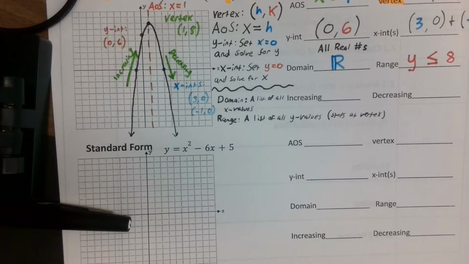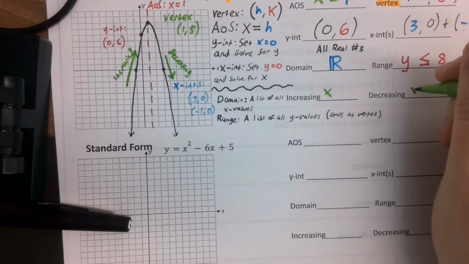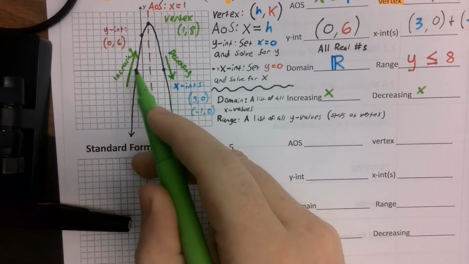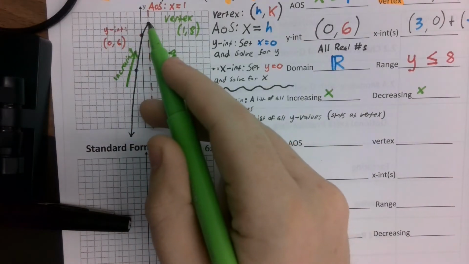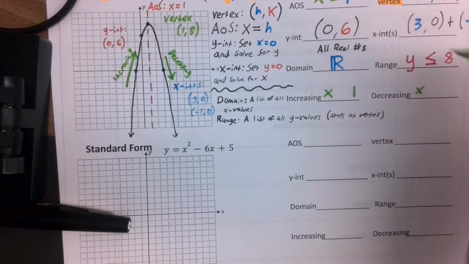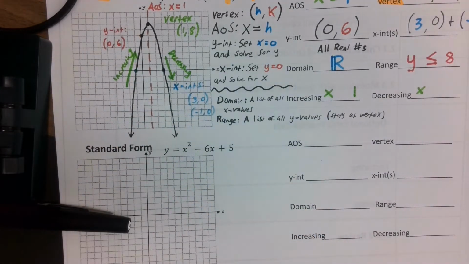How do we write these out? To write these out, we want to compare our x values. So notice here we have x is -1, still going up. X is 0, still going up. At x equals 1, that's where it stops going up. So we can say that our parabola is increasing every time that x is less than 1.